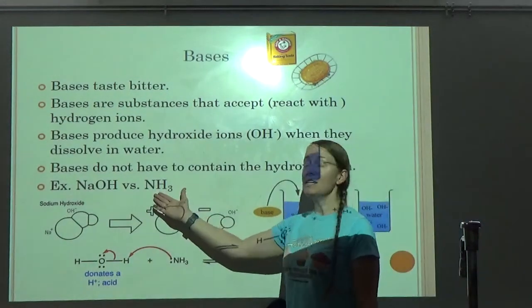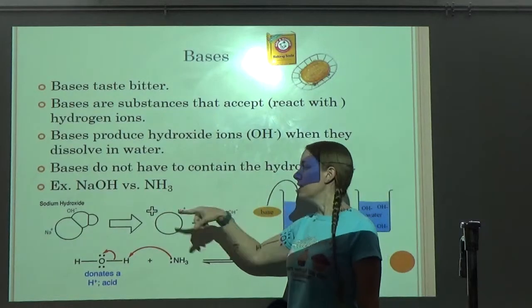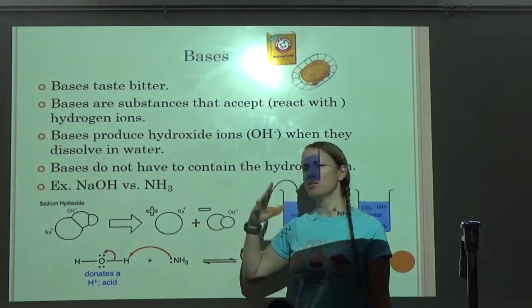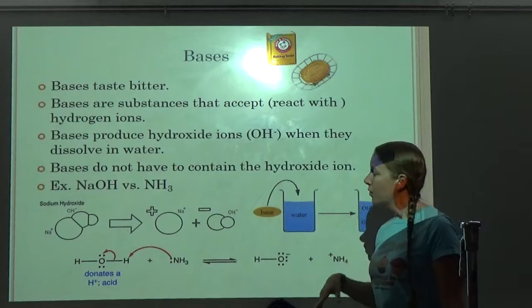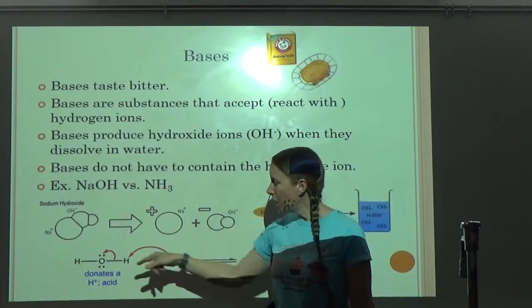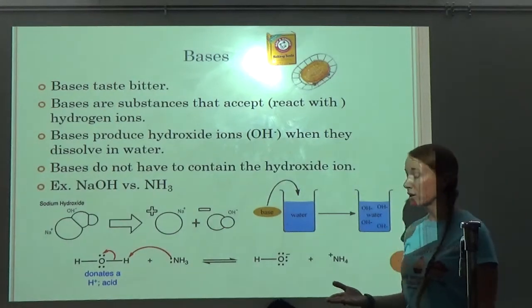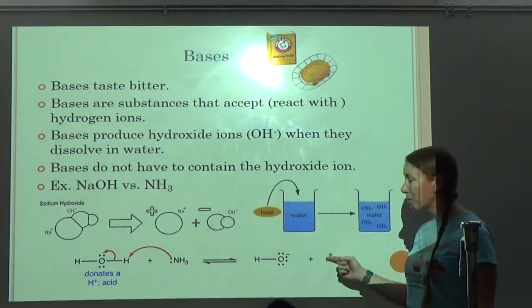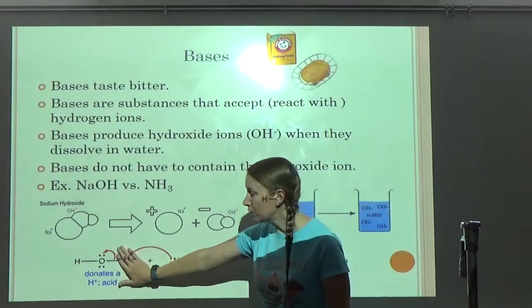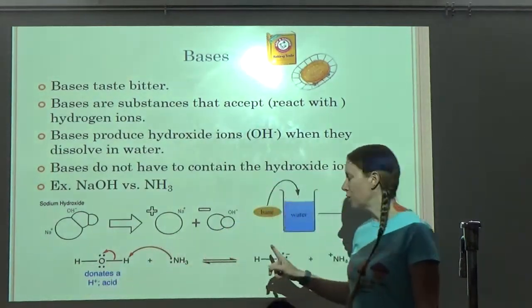Whereas NH3 is also a base. However, it does not have OH in it. So where is the OH coming from? Well, when NH3 reacts with water, NH3 takes one of the hydrogens from water. So it becomes NH4 positive. Well, once water loses a hydrogen, it becomes OH negative.